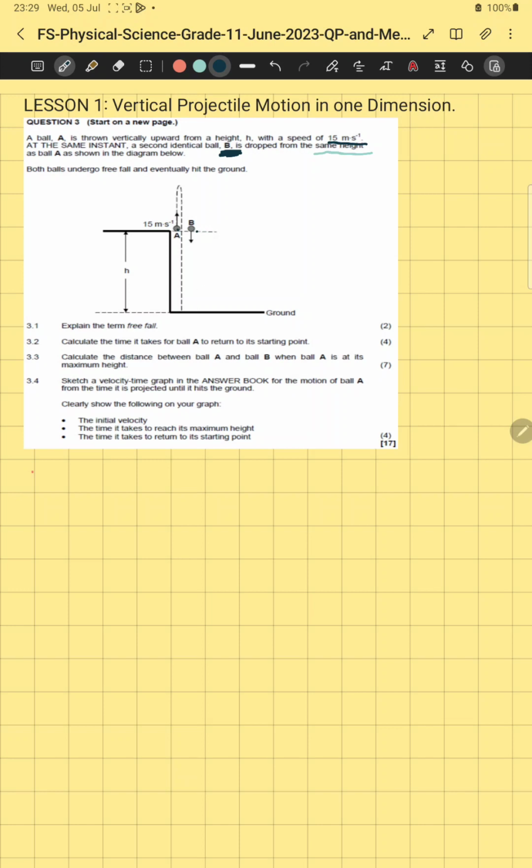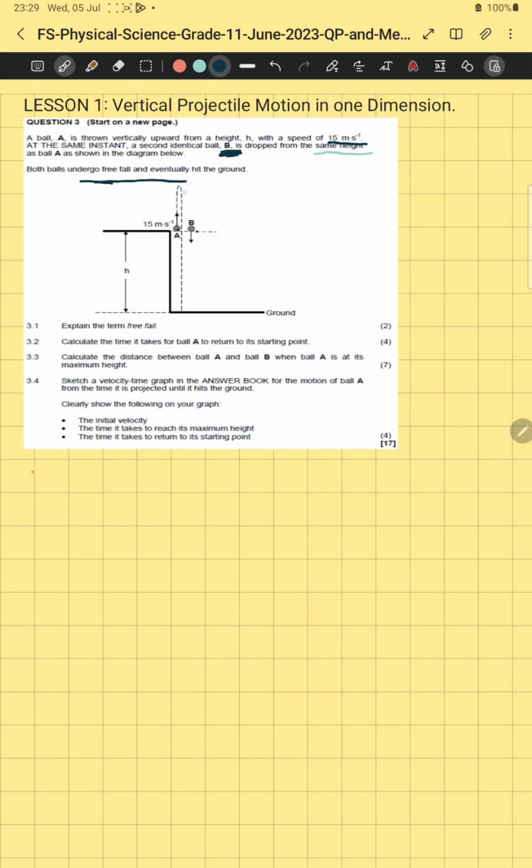Let's first analyze ball A. Ball A will be going up to this height, its maximum height. Note that the initial velocity of ball A is 15 meters per second.